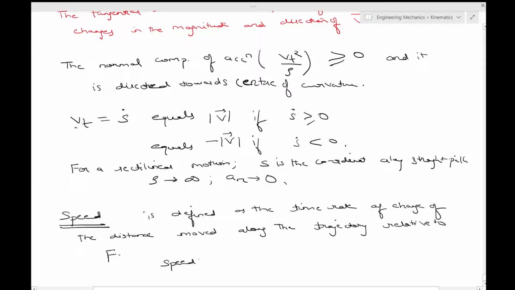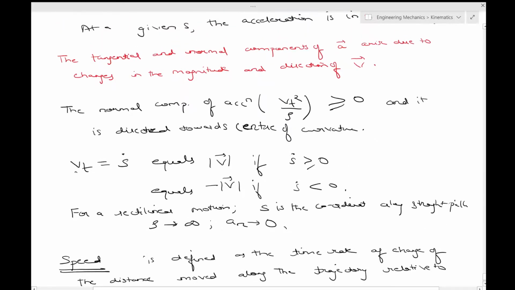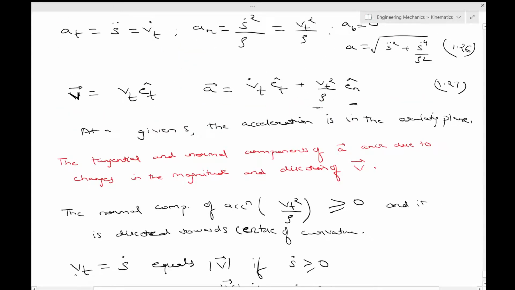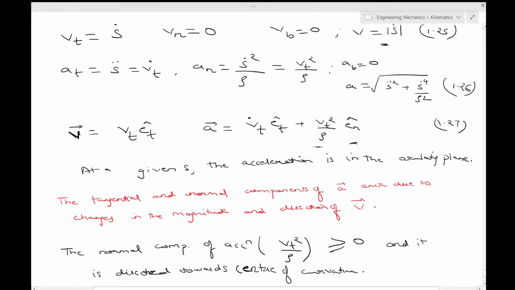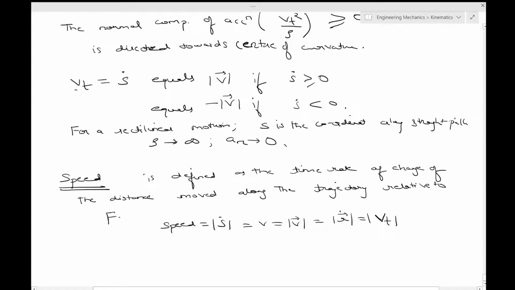So speed is equal to the magnitude of s dot, the time rate of change of the distance, and that would be equal to v, also like this, and also like this. All of these definitions you can see from up above, like 1.22. So Vt is equal to s dot. This can be called 1.28.